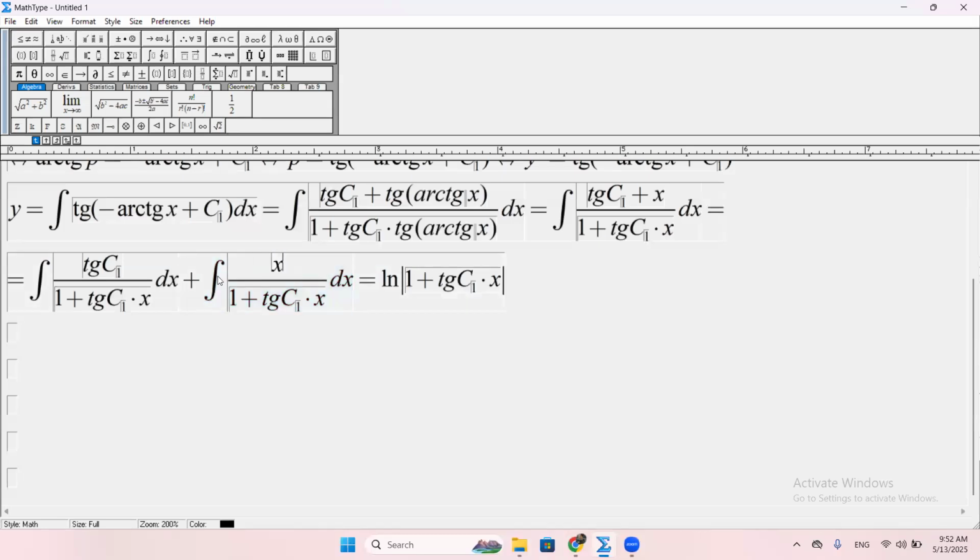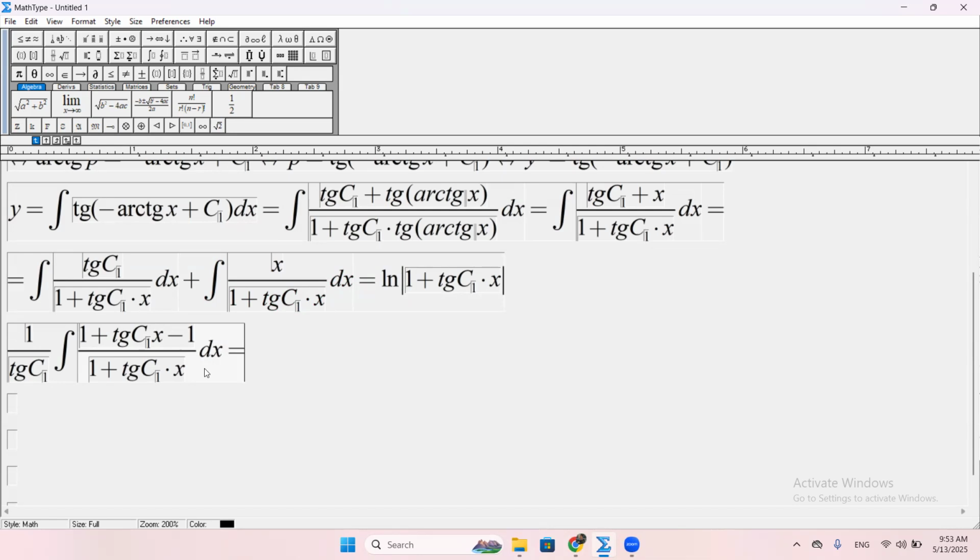So first of all, let's multiply and divide by tangent of C1, and then add 1 and subtract 1. So the equality is not broken. Just a moment. Yeah, not broken. Okay.